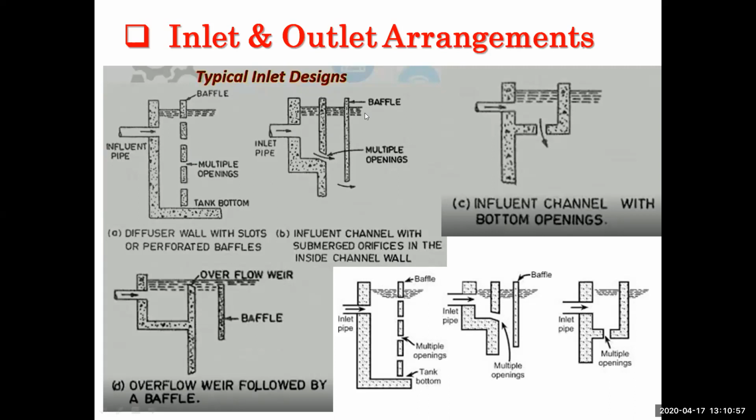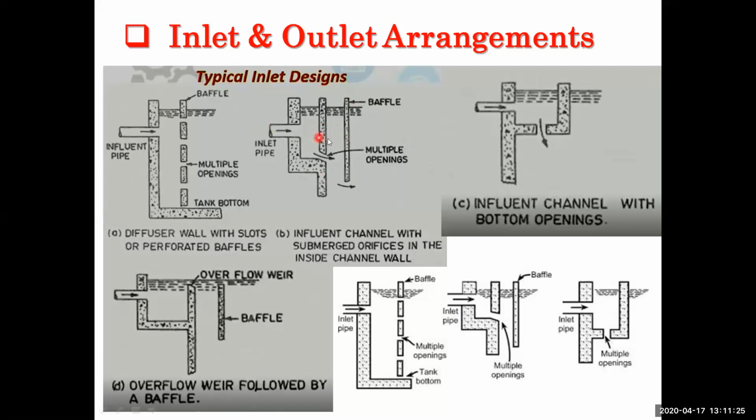And the second type is this one: the influent channel with a submerged orifice in the inside channel wall. Here, before the baffle wall, one more wall is provided in the form of a submerged orifice, with two openings.